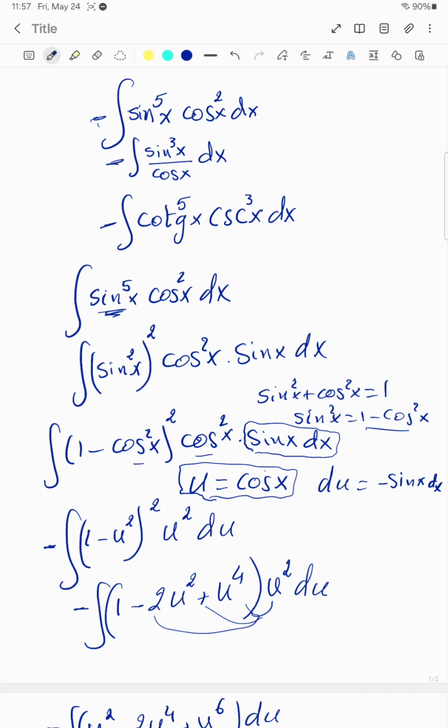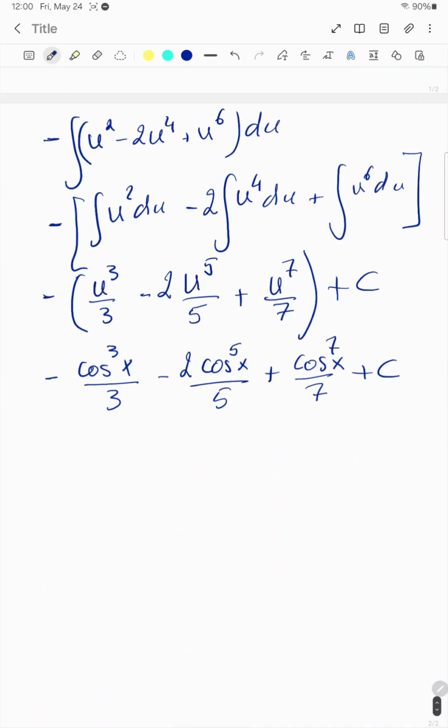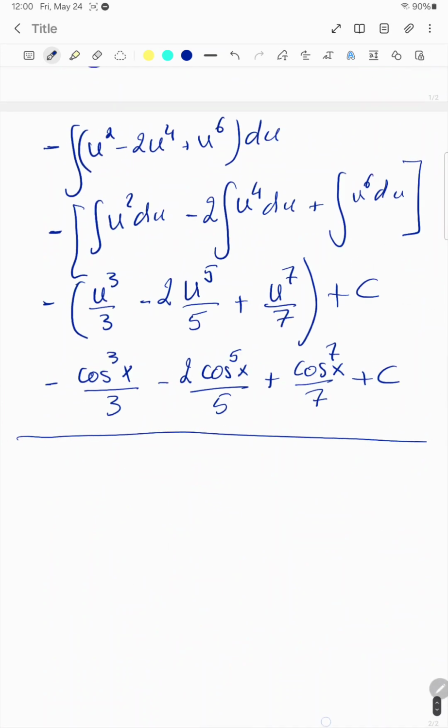Let's do the second function. The second one is sine to the power of 3x divided by cosine x. So my second function is the integral of sine to the power of 3x divided by cosine x dx. Again, same logic.